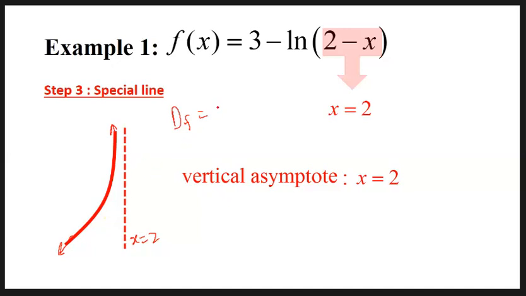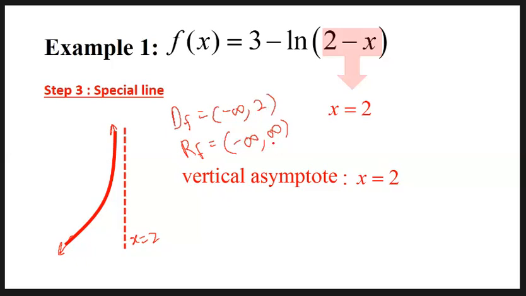So the graph here can go to the left infinitely, and go to the right very close to 2 but never equals to 2, so 2 open. Whereas for range, it can extend downwards infinitely and extend upward infinitely. So we have the range here, negative infinity to infinity.